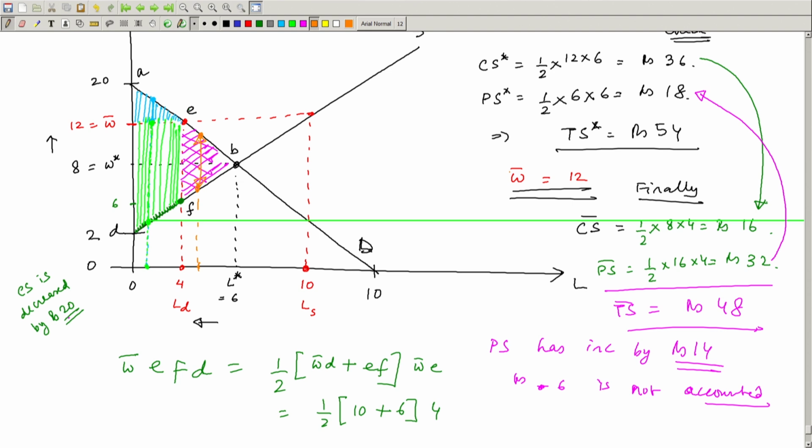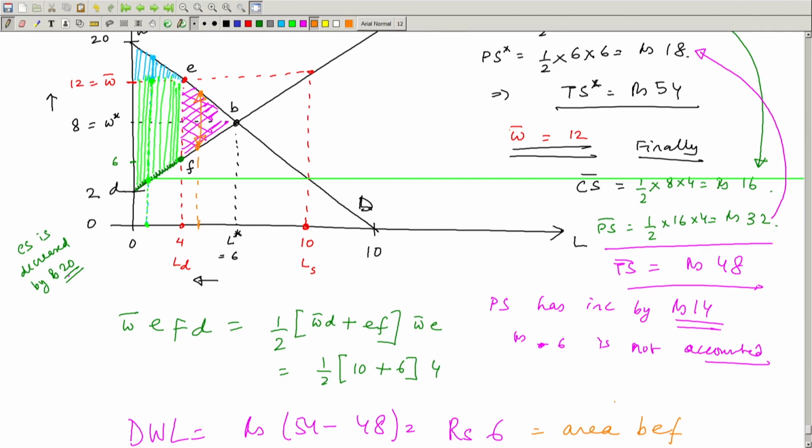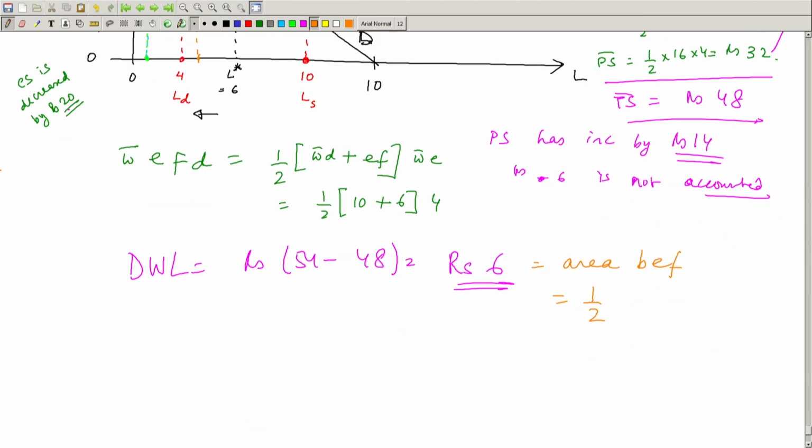If I aggregate the gains across all the units from LD to L star, I am essentially going to get the area B, E and F, which is 1/2 times the base of the triangle, which is 6 minus 4, which is 2, times the height. Well, the height is going to be 12 minus 6, which is 6. So, 1/2 times 6 times 2, which is rupees 6, right.